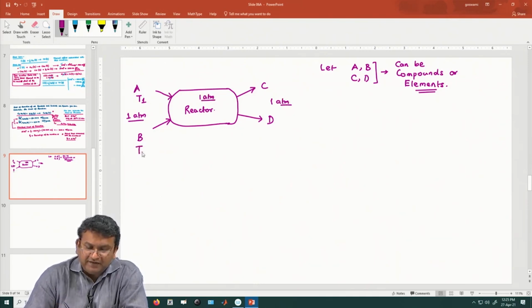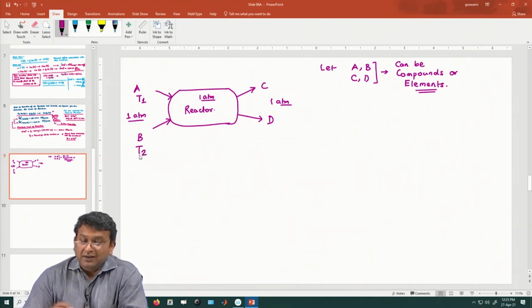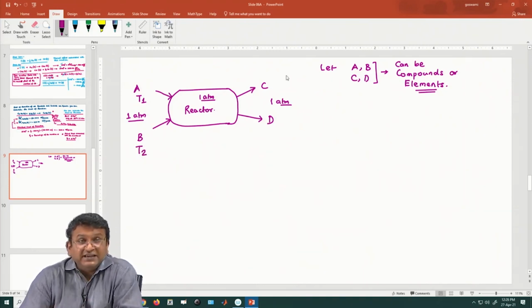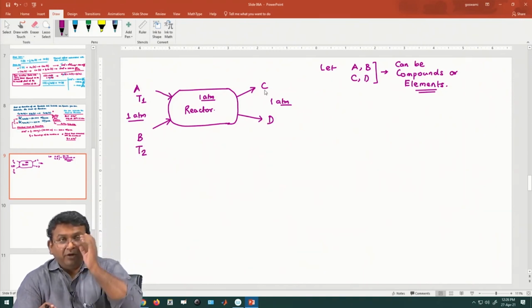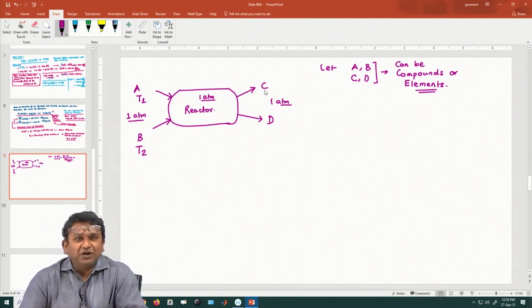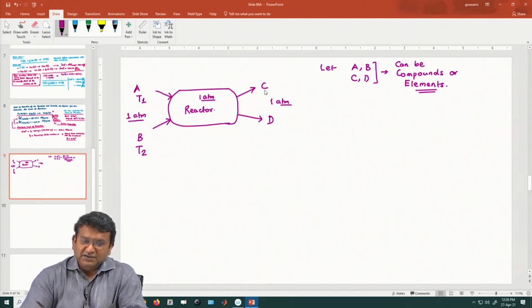The B enters at a temperature T2, and it is not very wise to write that C and D leave at different temperatures, just to make the problem more complicated. It is not very logical to write that C and D live at two different temperatures, because after all they are coming out as the reactor product, and probably they will have the same temperature as that of the reactor. So, let us say C and D.